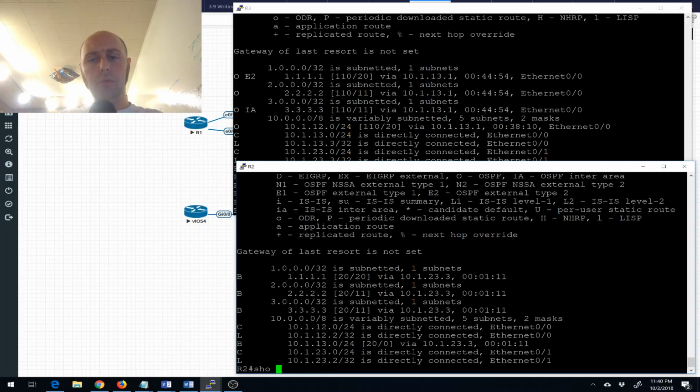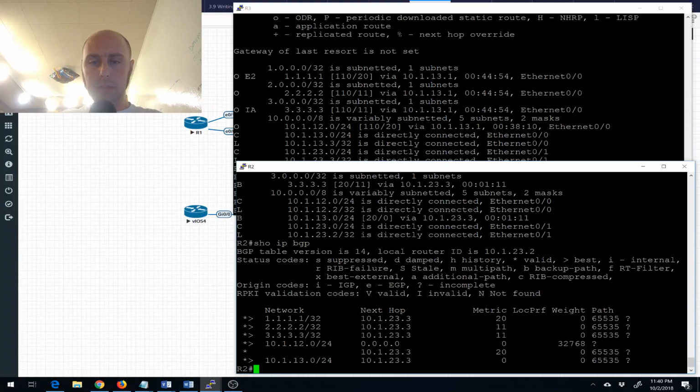So if we do show ip bgp, just wanted to take a look. Looks like we only have a single entry from our BGP peer.